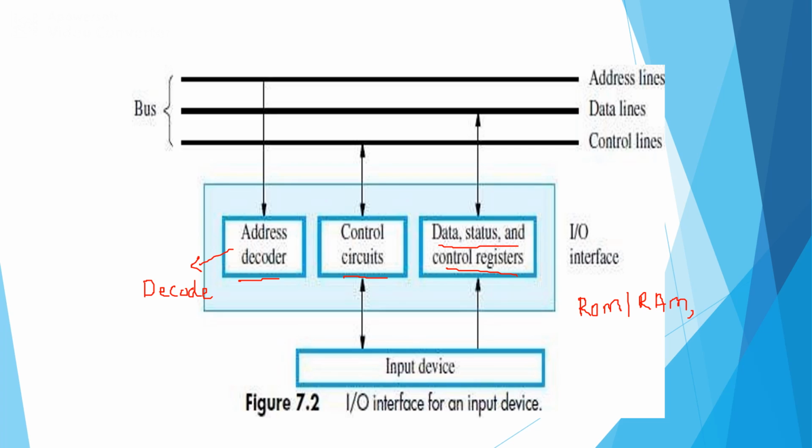The data register holds the data being transferred either from or to the processor. So this data register holds the actual data which is to be transferred either to the processor or from the processor.